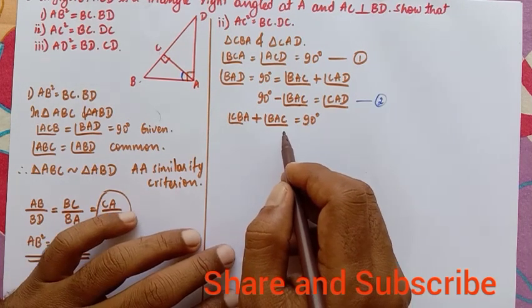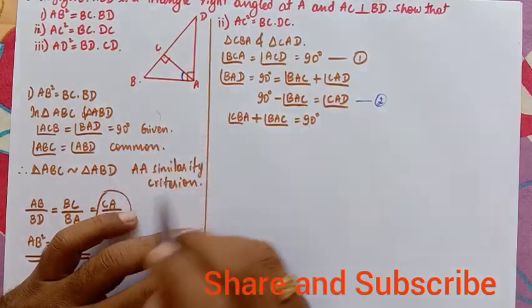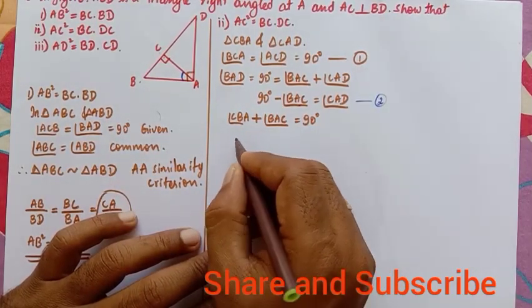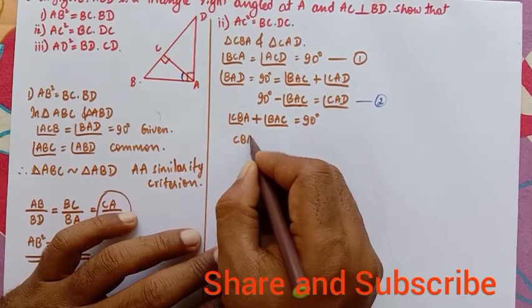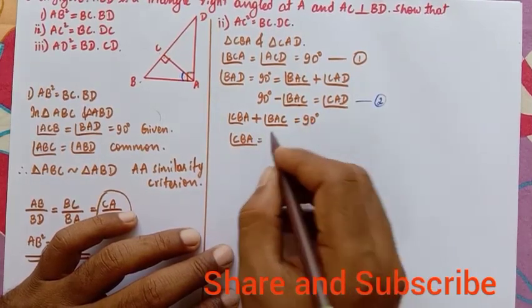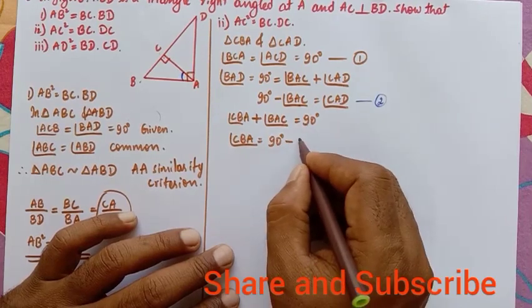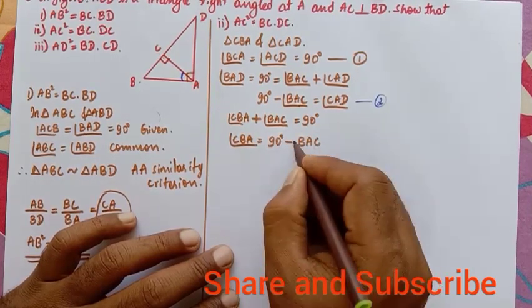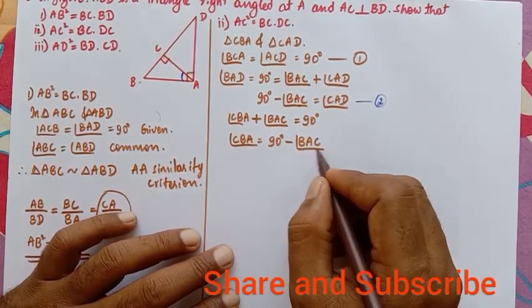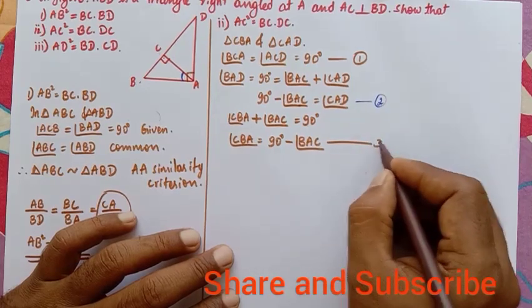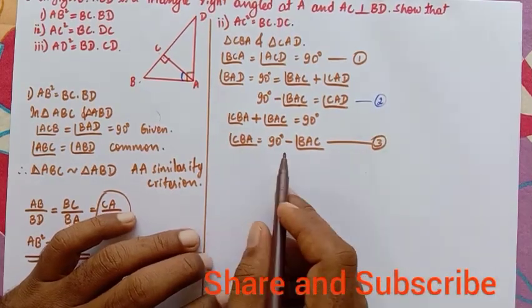So what I will do is take CBA as it is, and then shift this one, 90 degree minus angle BAC. I will consider this equation as equation 3. So what happens here?